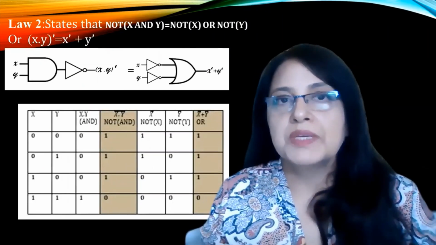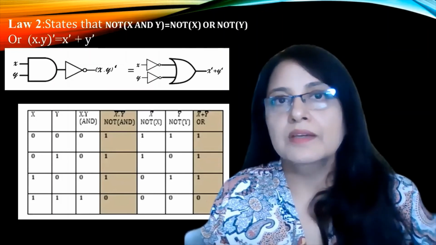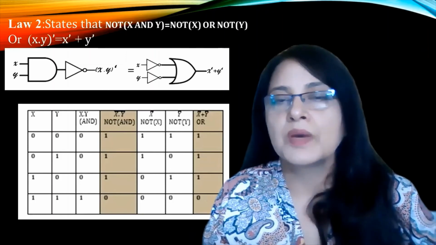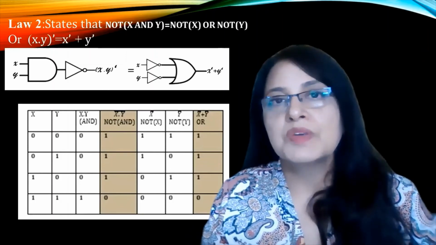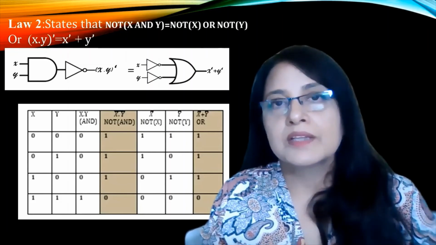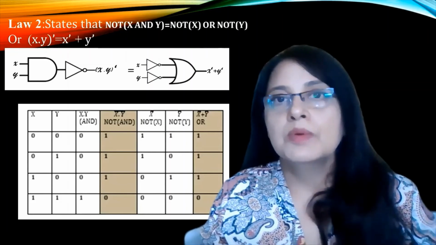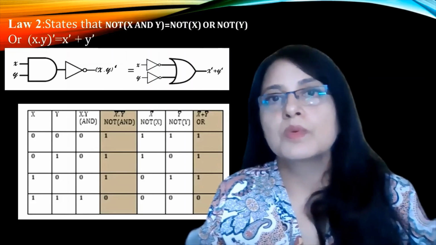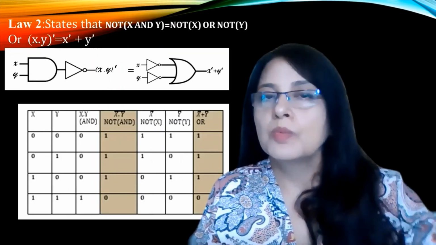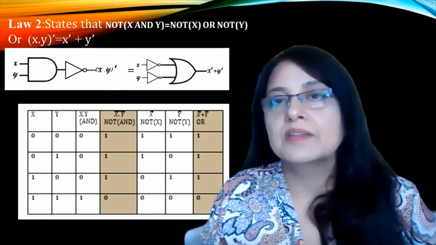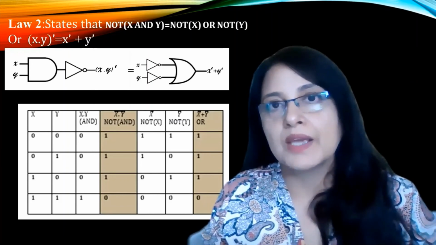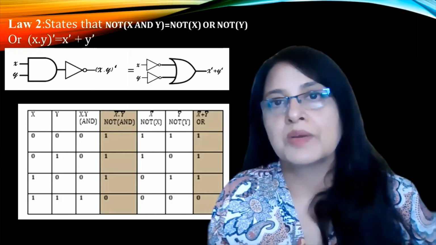The same thing can be done with the second law, that is, we take x.y, that is x and y, through an AND circuit, then we put a NOT switch in front of that to make (x.y)', and we have to prove this equal to x through a NOT switch, y through a NOT switch, and then we take them through the OR gate, and that becomes x' + y'.